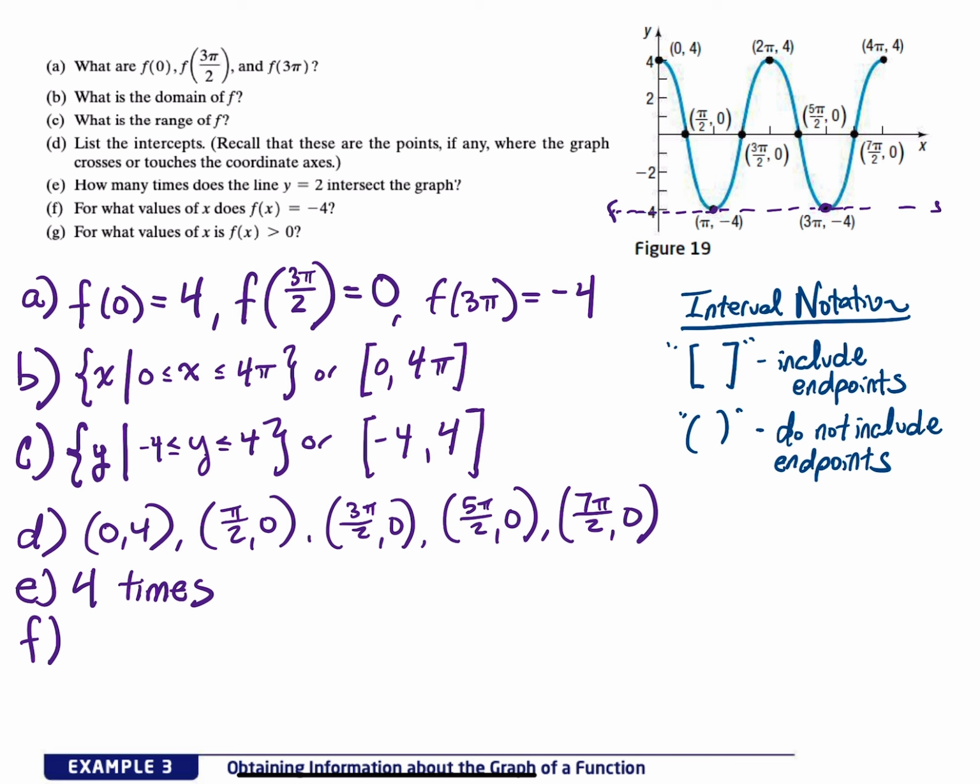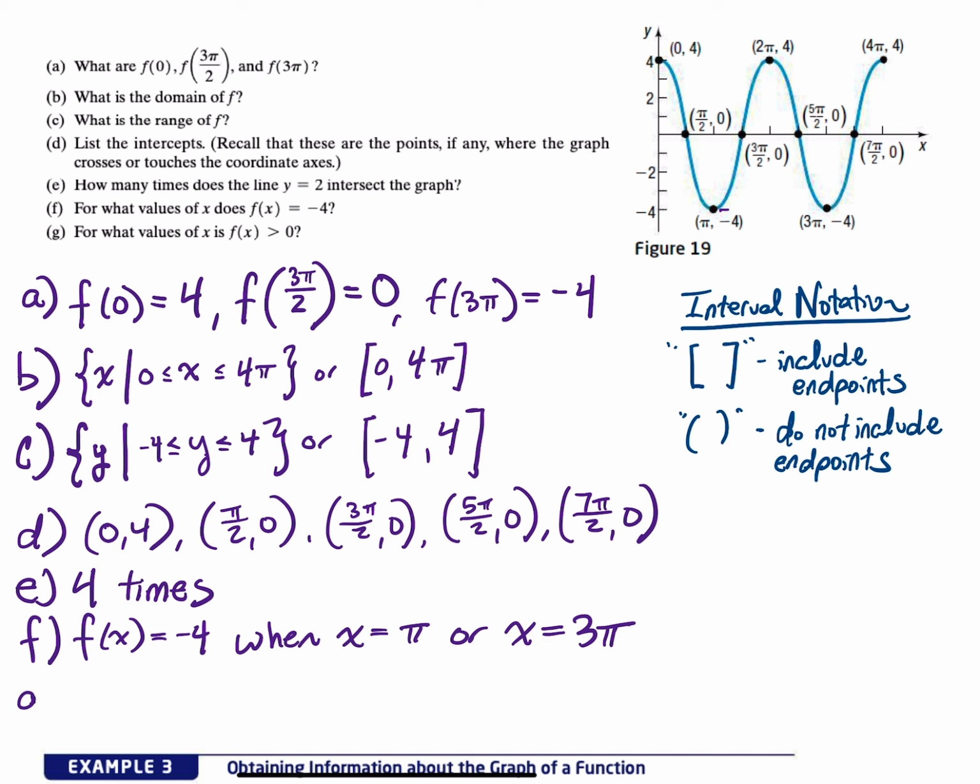So we can say f of x equals -4 when we have these two inputs, either pi or 3 pi. So we can say when x equals pi or x equals 3 pi. So pretty simple so far.